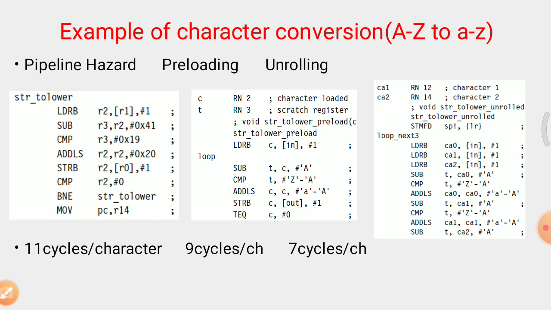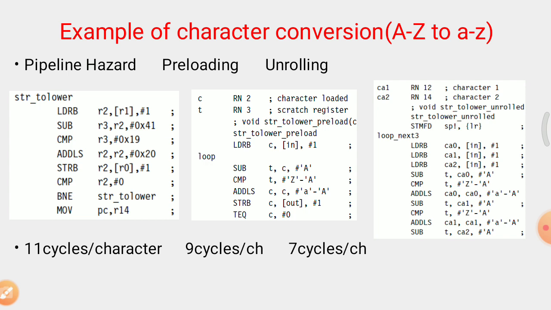When we go for unrolling, the third one on the right side, load scheduling by unrolling, instead of keeping one loop for one character, we are unrolling and taking 3 character conversions. That is, we are combining 3 character conversions in one loop at a time.